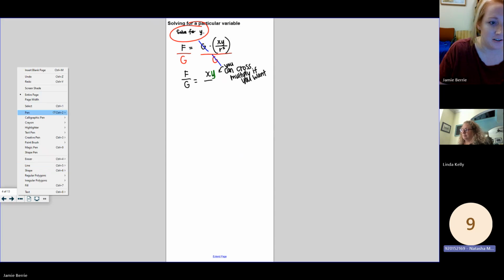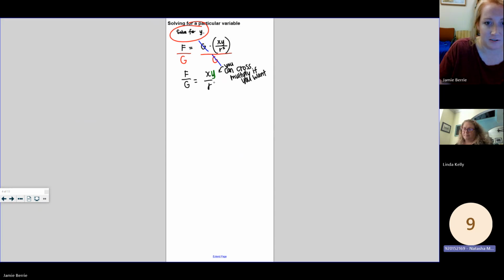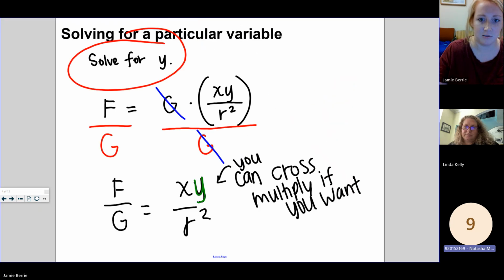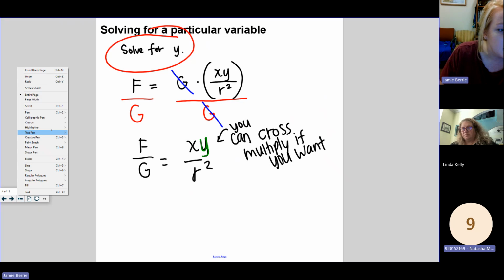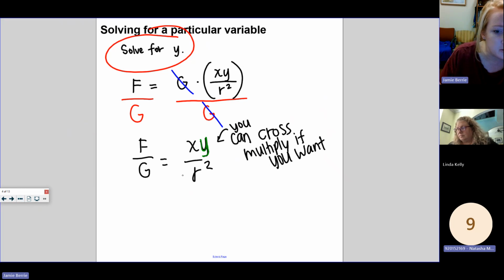So how I did it, I essentially should get something that looked like what you just got. Somewhat similar, but it could be simplified, so it may look different. Let me show you the way I'm going to do it this time and see if yours maybe looks similar. Okay. If you were to cross multiply, you're just going to multiply across the equal sign. So that becomes r squared times f equals g times xy.